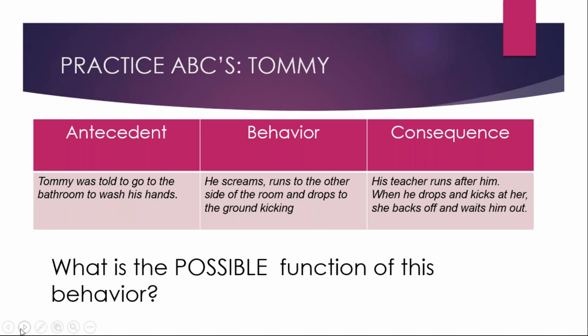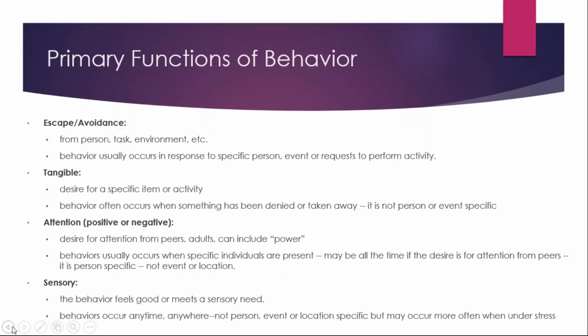And the consequence, if you remember, was his teacher runs after him, and when he drops and kicks at her, she backs off and walks away. So now that we have the ABCs, it's time to figure out the possible function of the behavior. When we talk about function, it's everything we just discussed: escape, avoidance, tangible, attention, positive or negative, or sensory.